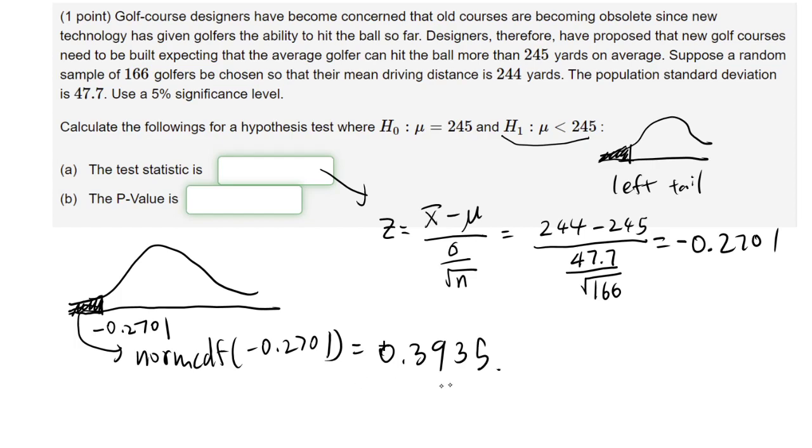Okay, now because this is much bigger than the significance level, which is 0.05, this fails to reject H0, and H0 will still be the prevailing conclusion.